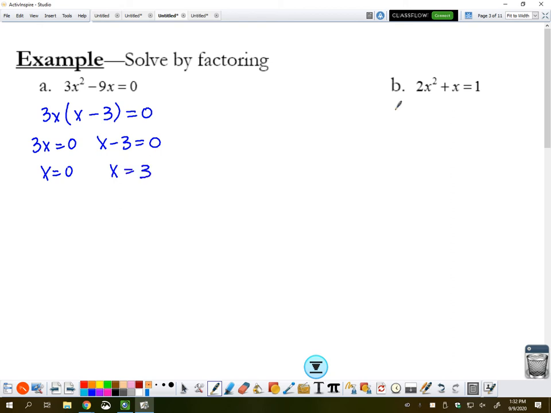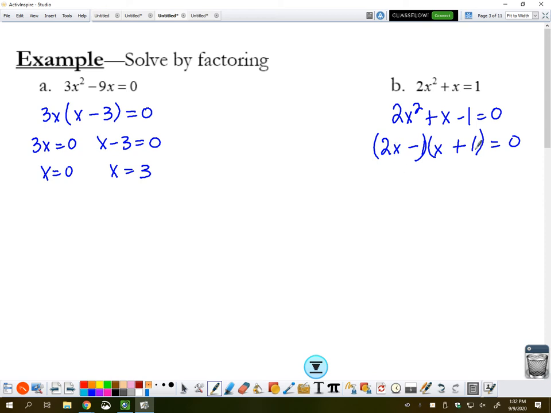Alright, on the next one, the first thing you have to do is move the 1 to the other side. Then we can factor. 3 terms, so we're going to guess and check. So 2 times 1 gives us 2x squared. We need a 1 and a 1. We need it to be a positive 2 and a negative 1.